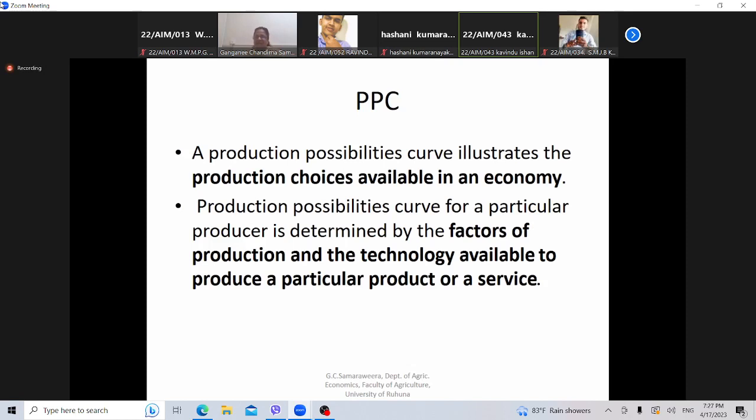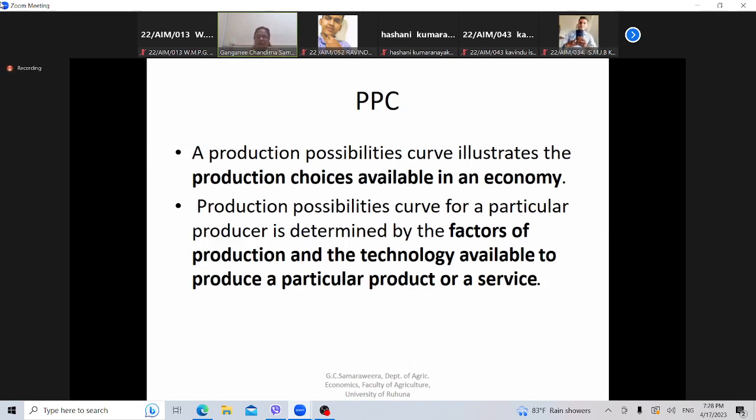Very good, Kavindu. Land, labor, capital, and the last one, combining these all, entrepreneurship. That means human capital. We can include both financial capital and human capital. So land, labor, capital, and entrepreneurship.